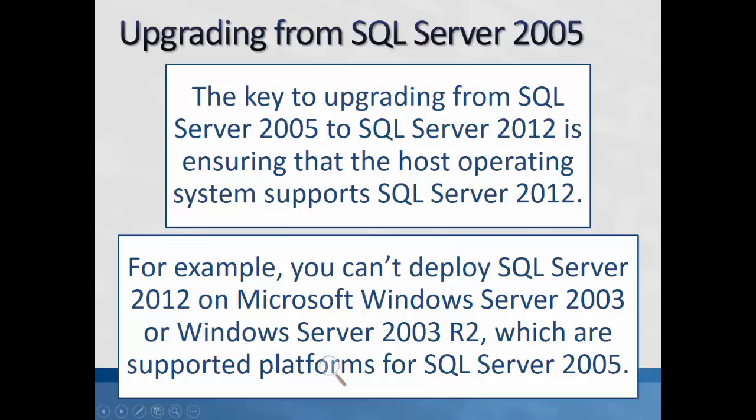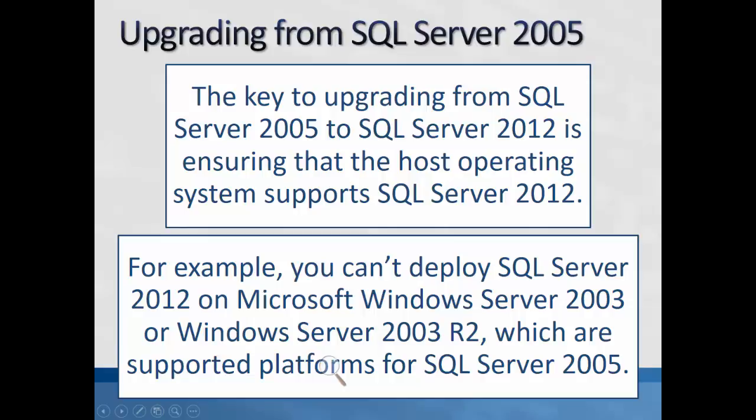For example, you can deploy SQL Server 2012 on 2003 server or Windows 2003 R2, which are supported platforms for SQL 2005, but 2012 does not, and 2016 would not support 2008. I guess it would, but no, 2016 would not. 2014 will.